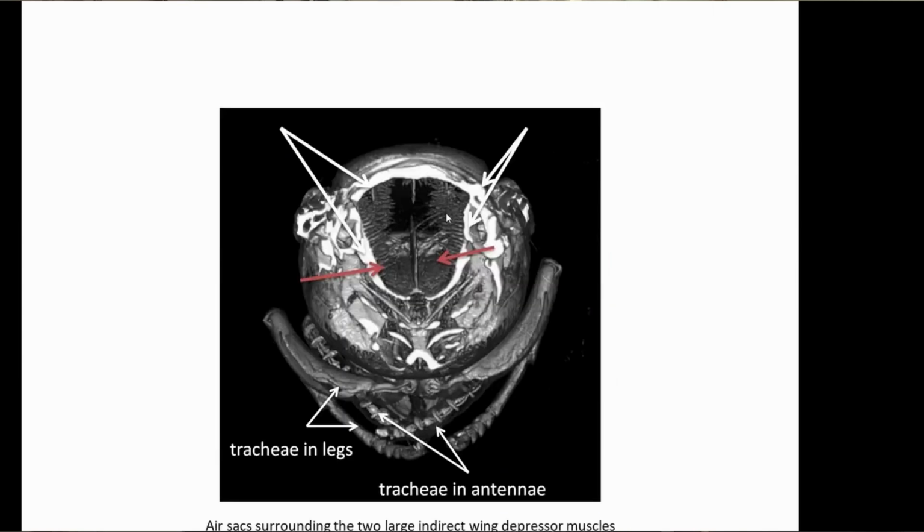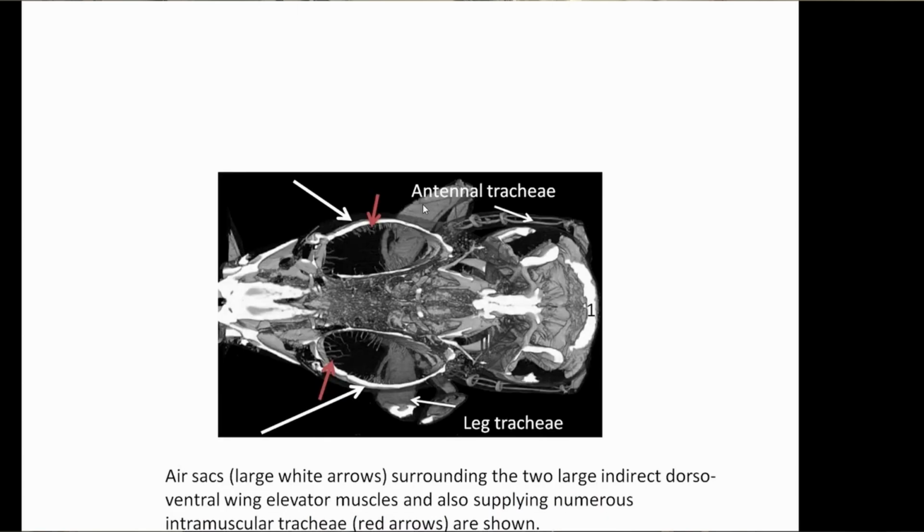Here's a cut plane view through those large indirect flight muscles, and you can see all these little tracheal vessels going in between. The flight muscles are, of course, the most metabolically active tissue in the body and need a very healthy blood supply as a result.